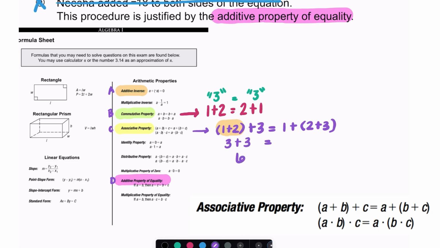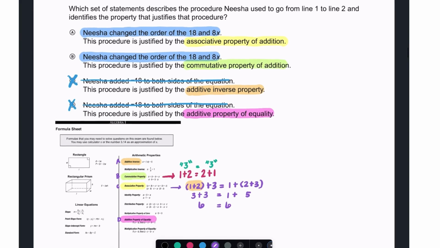That's the same thing as if I take the 2 and the 3 and I add them first, which will give me 5, and then I do 1 plus 5, which will give me 6. So it's not necessarily changing the order, it's changing which two things you are going to combine first with addition. So whether you do the 1 and the 2 first, or the 2 and the 3 first, you could also do the 1 and the 3 first, and then add the 2, and you would still get 6.